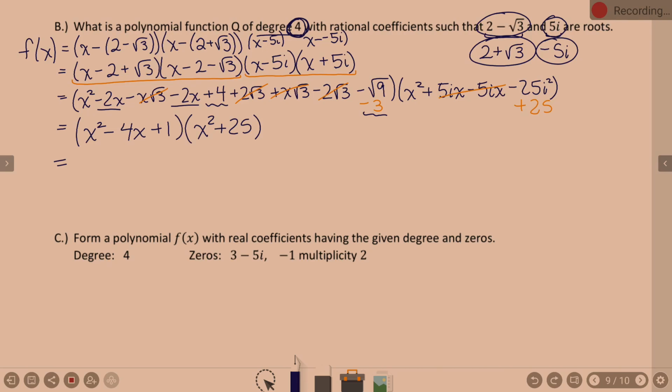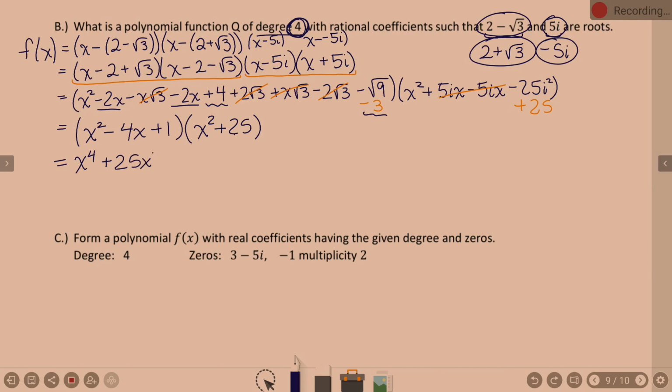So if you just do this x squared out front, x squared times x squared is x to the 4th. And then if I go ahead and do x squared times 25, it's 25x squared.